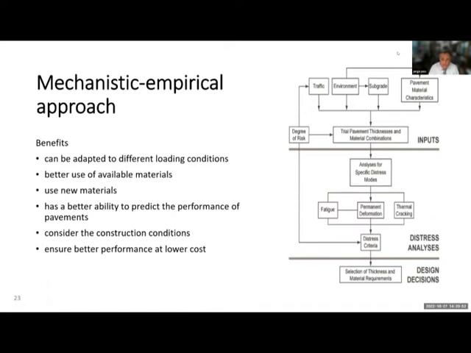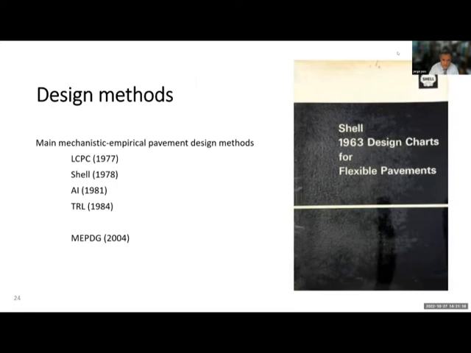So the main benefit of this mechanistic-empirical approach is that we can use different loading conditions, different materials, and different distress modes for pavement design. So that was the main benefit of this approach.